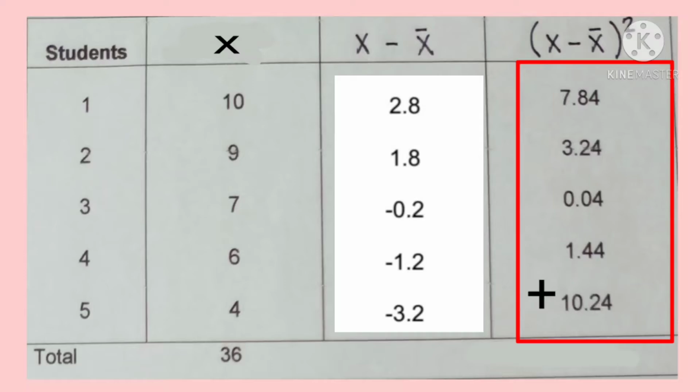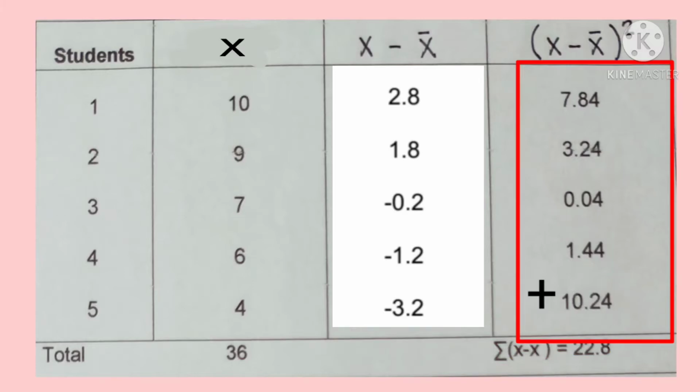So let's add. 7.84 plus 3.24 plus 0.04 plus 1.44 plus 10.24 is equal to 22.8.